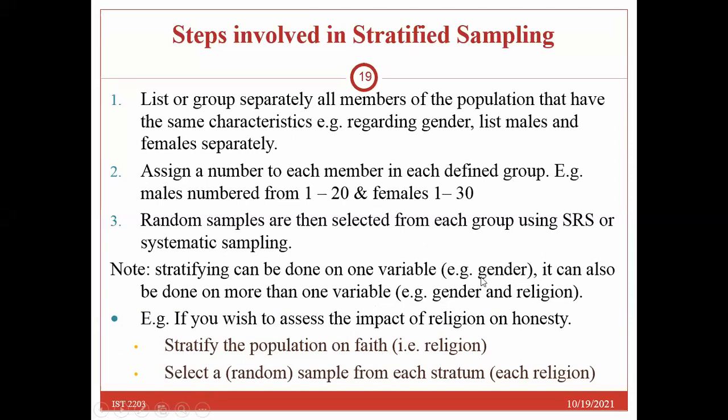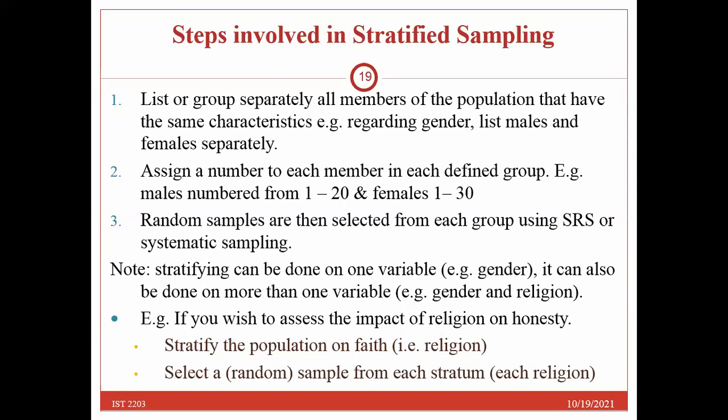Each of those will be its own strata. Then you have females who are Muslims, females who are Protestant, females who are Catholic, like that. Such that you end up having 6 strata. And then you choose within there simple random sampling or systematic sampling within each.